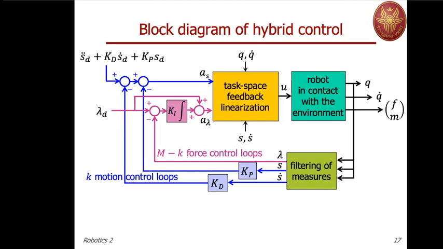Okay? Now, the remaining part of the block, so the blue and violet lines and gains Kp, Kd, and Ki, are in fact the linear design.